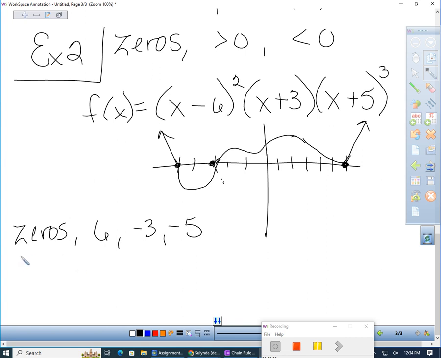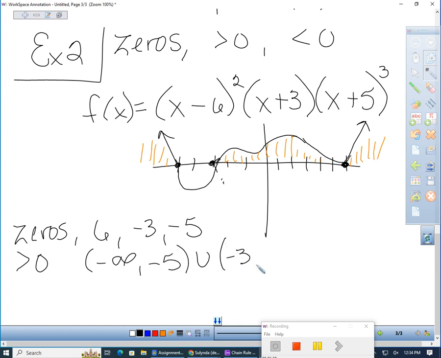So let's do where it's greater than 0. It is greater than 0 on this side, in between here, and after there. So we are going to do from negative infinity to negative 5. Then we have negative 3 to 6, because it comes all the way down and equals 0 there.